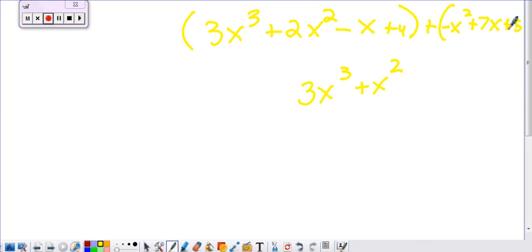All right, minus x plus 7x. 6x. Okay, plus 6x. 4 plus 5. 9. Done. All we're adding is the coefficients.